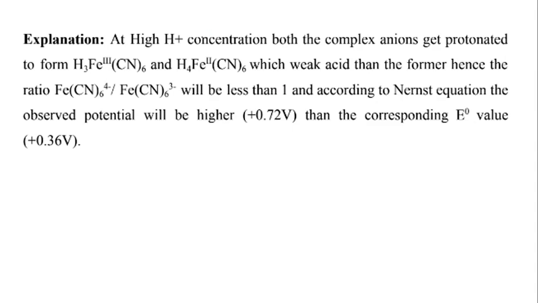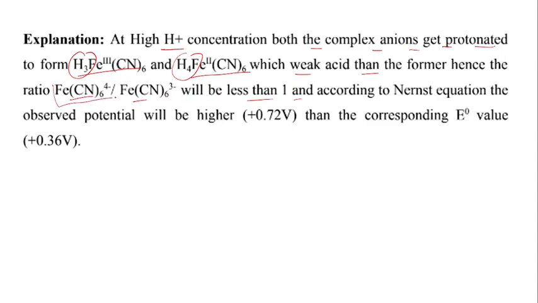So at high hydrogen concentration, both complex anions get protonated, this is the ferric species and this is the ferrous species. Both are protonated as weak acids, hence the ratio of Fe(CN)6 4 minus to Fe(CN)6 3 minus will be less than 1. Why?